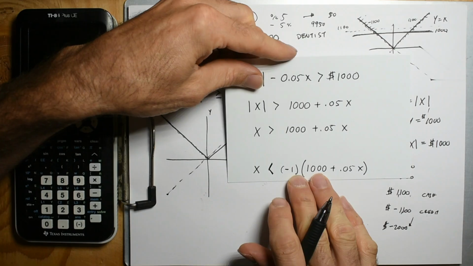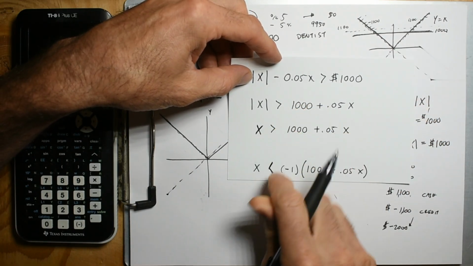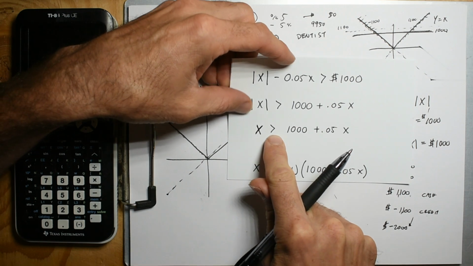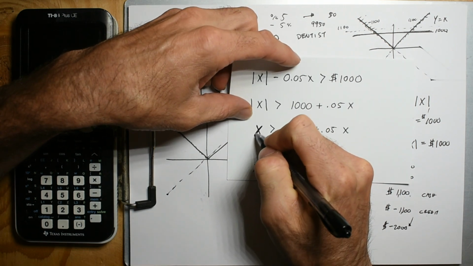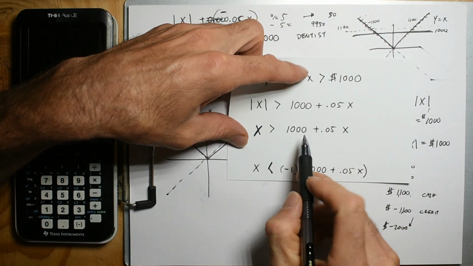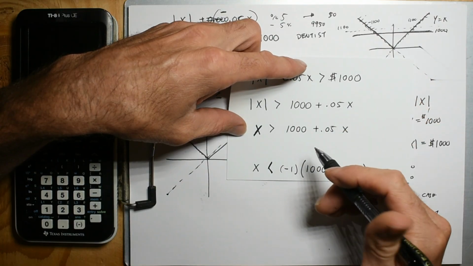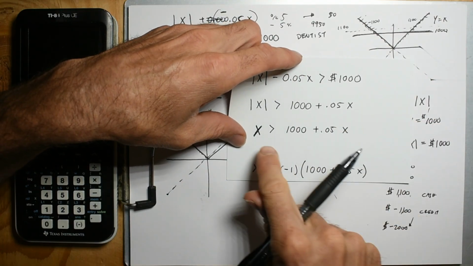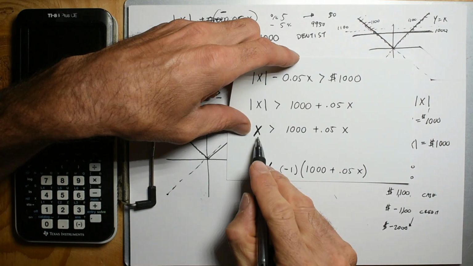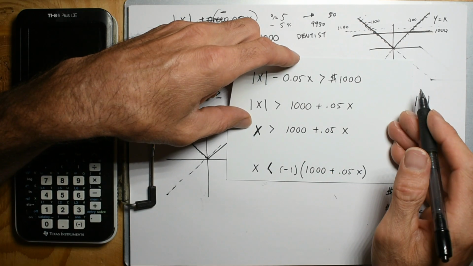And then let's talk about that. I'm paying the dentist. So this side says that I have to pay the dentist in positive money. See, that's why my equation is messed up, because we said if you paid cash, you were going to get a discount. The way I have it set up is if I pay cash, if this is a positive value, then it's going to be greater than 1,000.